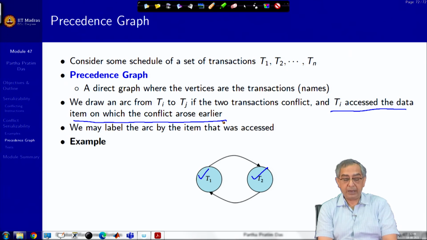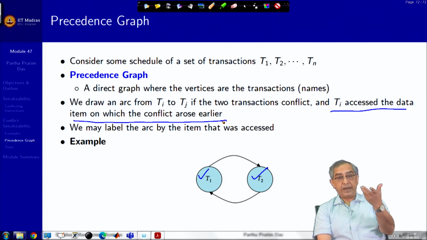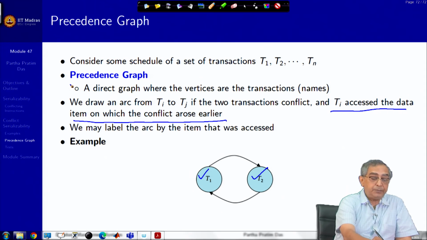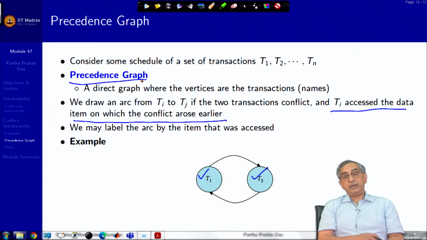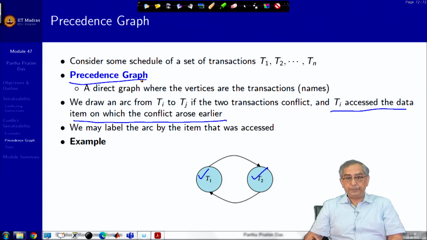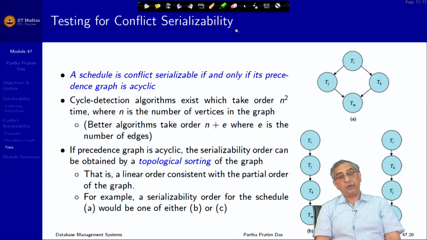You may label the arc by the item on which the conflict actually happened, and this is known as a precedence graph. Why precedence graph? Because this tells you the temporal order in which things have to happen. So, this is the representation of the schedule in terms of the transactions and their conflicts, right.